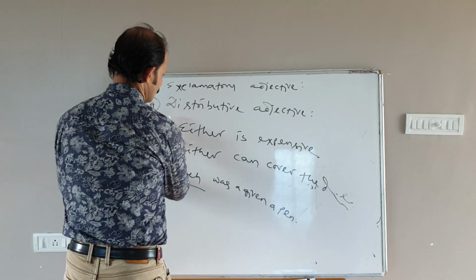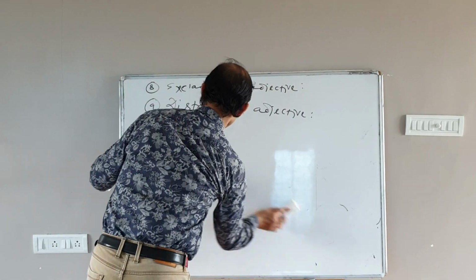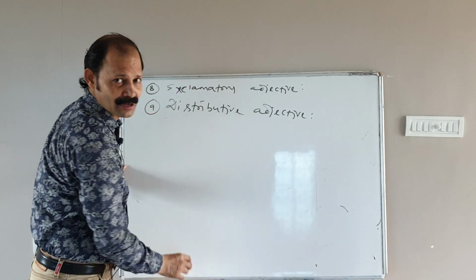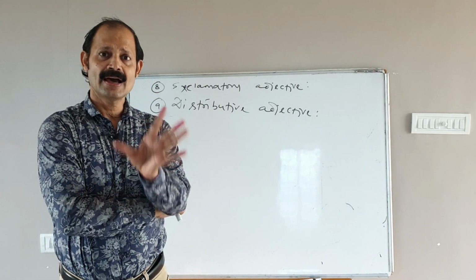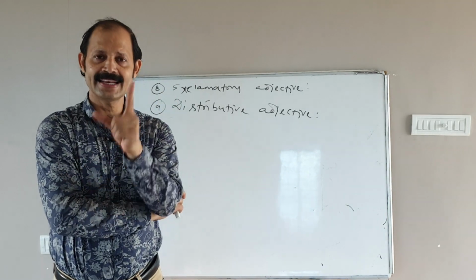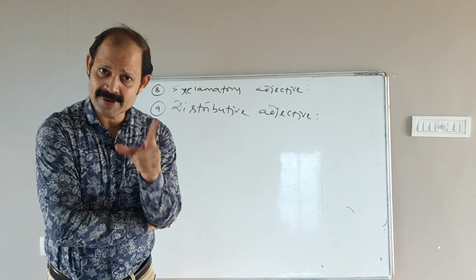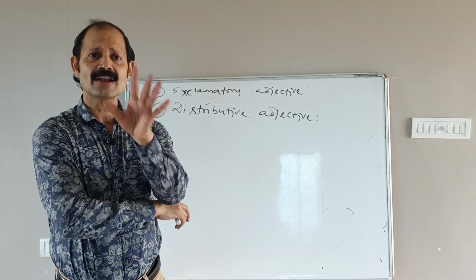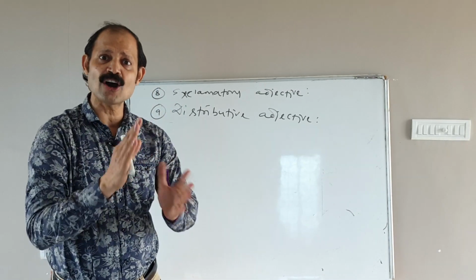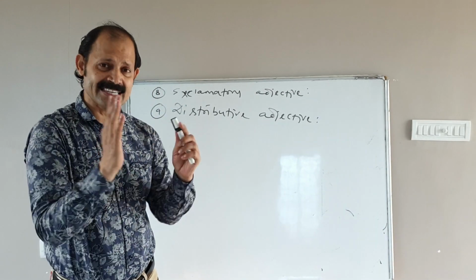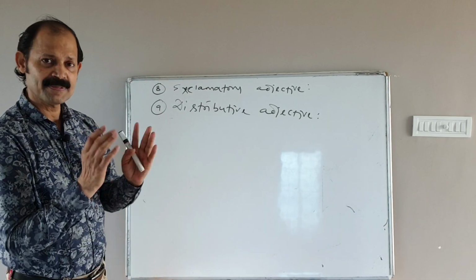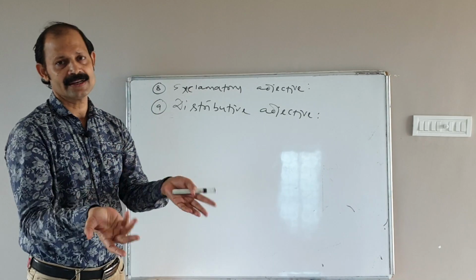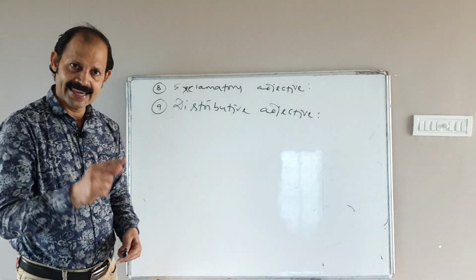Then, distributive pronoun. Remember one thing, if each, either, neither are followed by a noun, then it is an adjective, a distributive adjective. If each, either, neither are only used without being followed by a noun, that means if such words never occur in a noun phrase, they are pronouns.